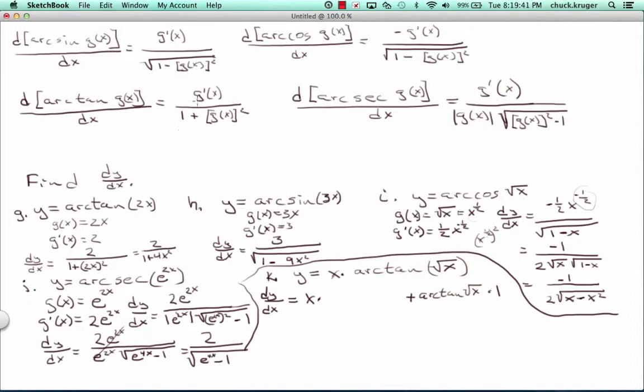And again, up here, I'm going to have the derivative. So what's the derivative of the square root of x? We kind of already answered that. It's going to be 1/2 x to the negative 1/2.